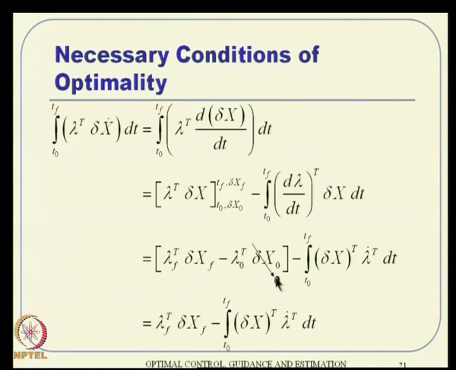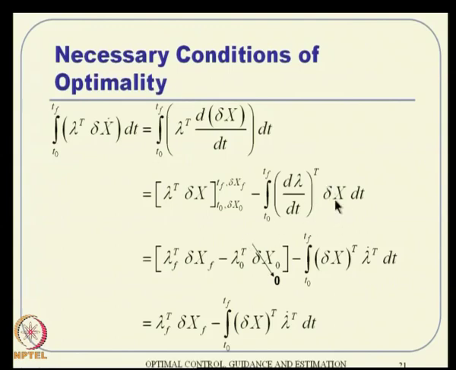Minus of this quantity now can be interchanged, because it is something like x transpose y, when x is a vector and y is a vector of the same dimension, then x transpose y is nothing but y transpose x. Ultimately it is x1 y1 plus x2 y2 plus x3 y3 like that. So you can exchange it and say x transpose y is nothing but y transpose x. That is what is going on here.